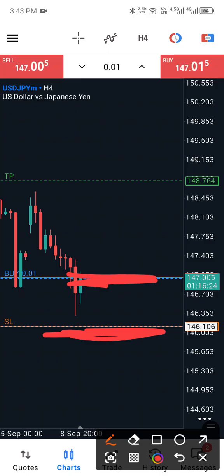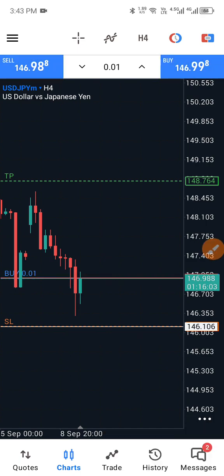That is your risk, while take profit is the price where you exit if the trade goes in your favor. That is your reward. So let's calculate the distance between my entry price and my stop loss.